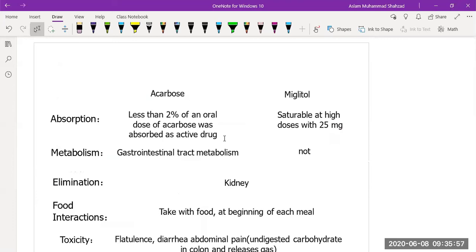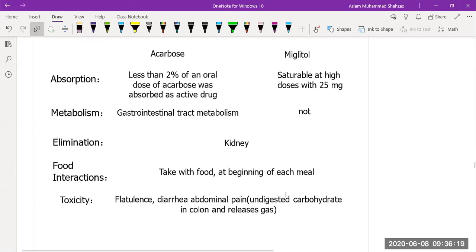A very small amount is absorbed, around 2%, whereas miglitol is saturable with a high dose of 25 milligrams. Metabolism occurs in the GIT in acarbose, whereas in miglitol it is not in the GIT. The elimination is through the kidney.